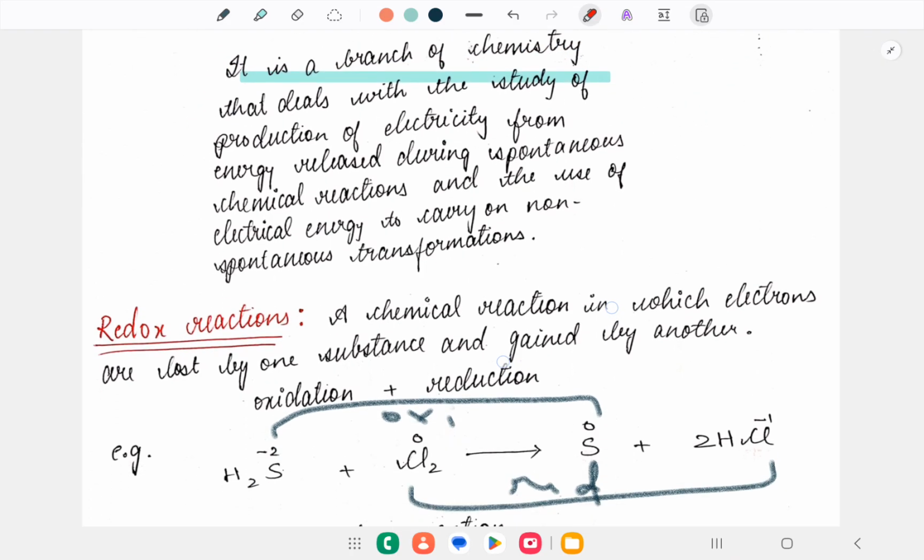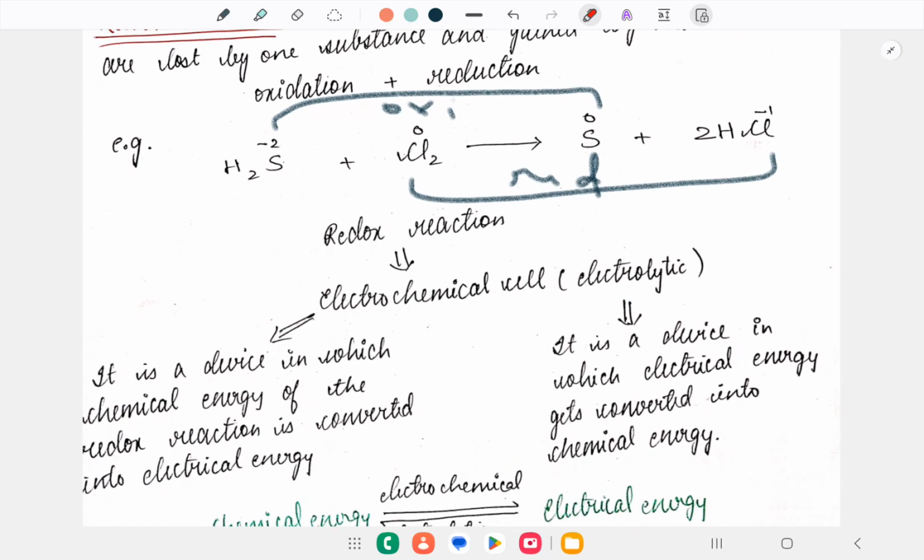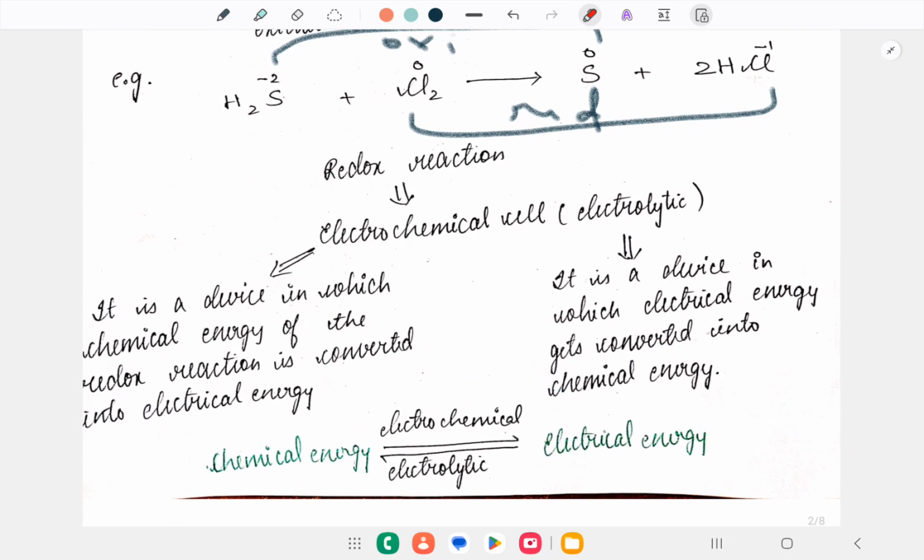Now let us understand what an electrochemical cell is. It is a device in which the chemical energy of redox reactions is converted into electrical energy, and an electrolytic cell is a device in which electrical energy is converted into chemical energy. So they function vice versa.